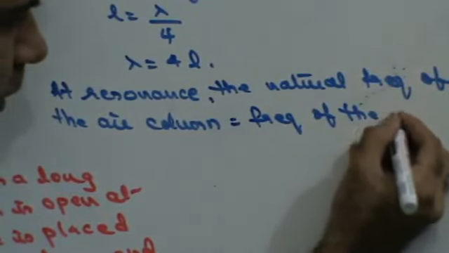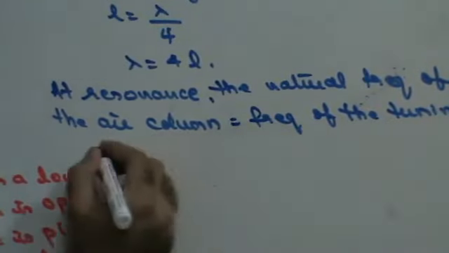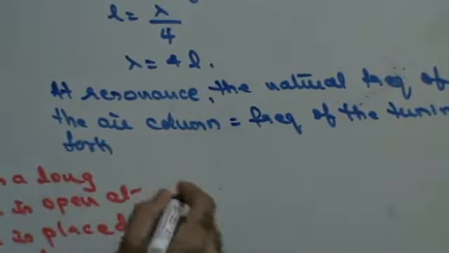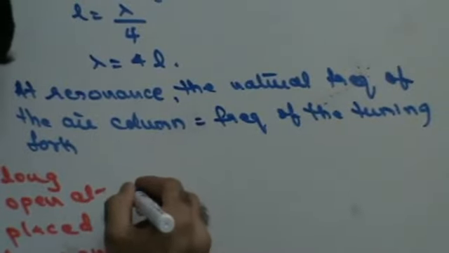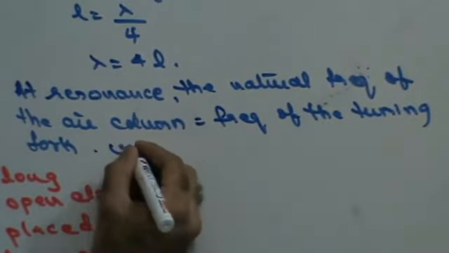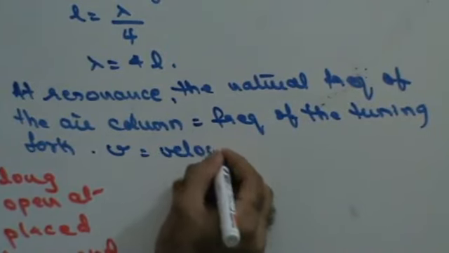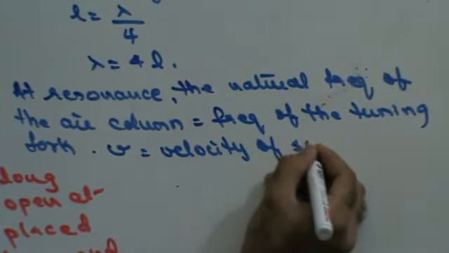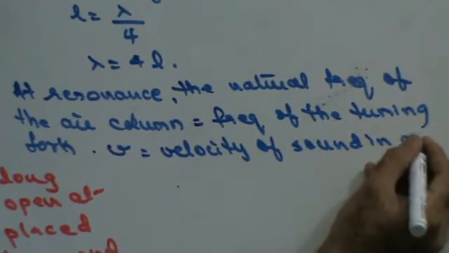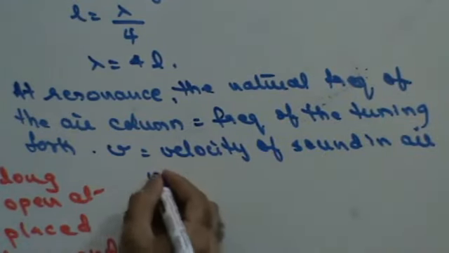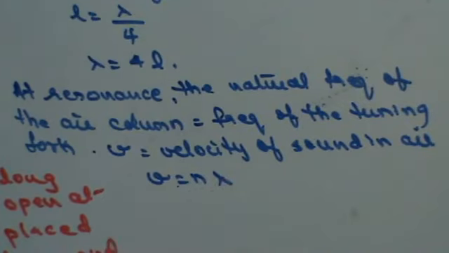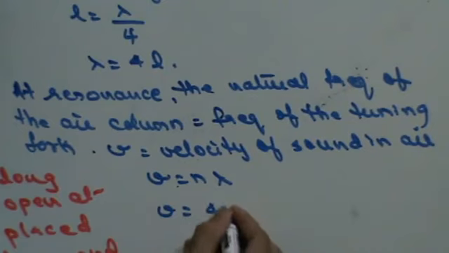Hence, let's assume that V is the velocity of sound in air. Then V is equal to N lambda, but lambda we found out is 4L, so V is 4NL, right? So using this equation we can find out the frequency of the tuning fork.